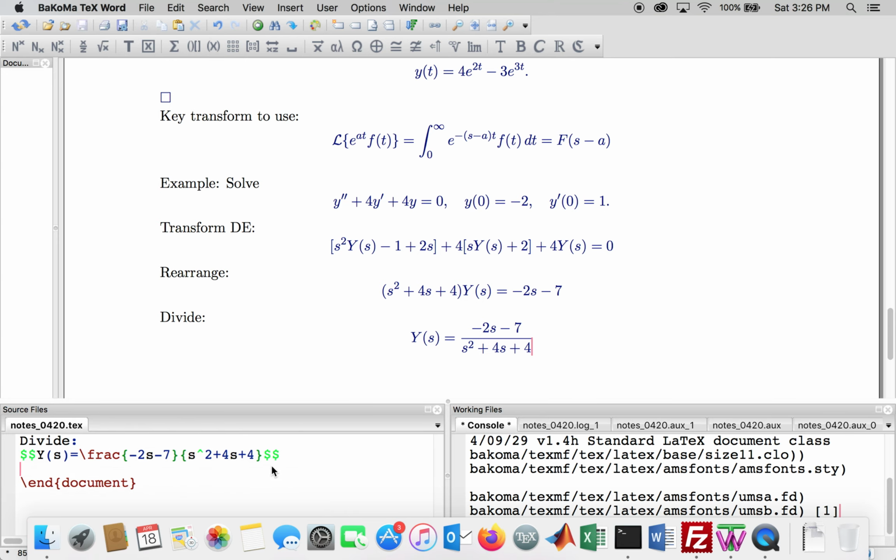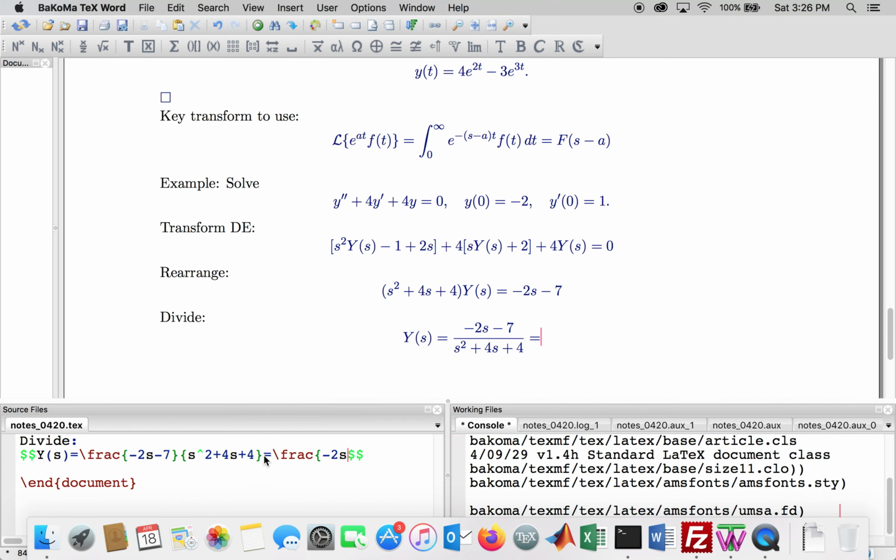Now we want to get this into a form where we can easily take the inverse Laplace transform. To do that, it's a good idea to see how the denominator factors, what its roots are. This happens to be a perfect square. It factors into s plus 2 quantity squared. So I'm going to write it this way: minus 2s minus 7 over s plus 2 quantity squared.